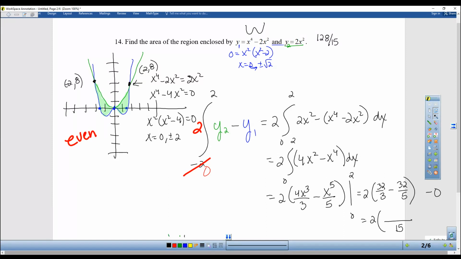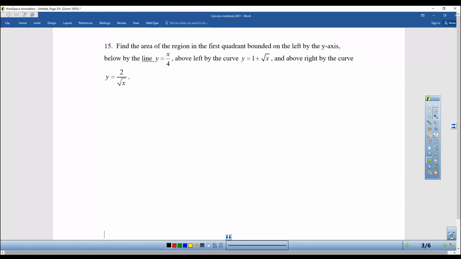So 32 times 5 is 160. 32 times 3 is going to be 96. And 160 minus 96 is equal to 64, times 2 is 128/15, which of course was the answer. All right, let's do 15.